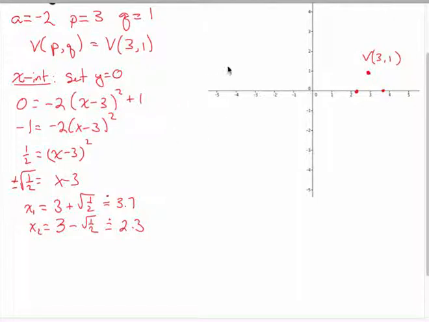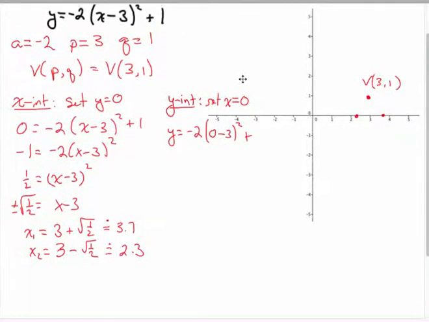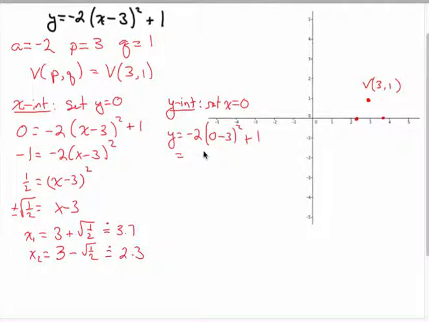And now if I wanted to, I could graph my parabola, or if I was asked to find another point, and it's always nice to do just to double check that you're sort of in the right space. So let's find the y-intercept, and I do that by setting x equal to 0, and I get y is equal to negative 2 times (0 minus 3) squared plus 1. 0 minus 3 is negative 3, negative 3 squared is 9, 9 times negative 2 is negative 18, negative 18 plus 1 is negative 17.